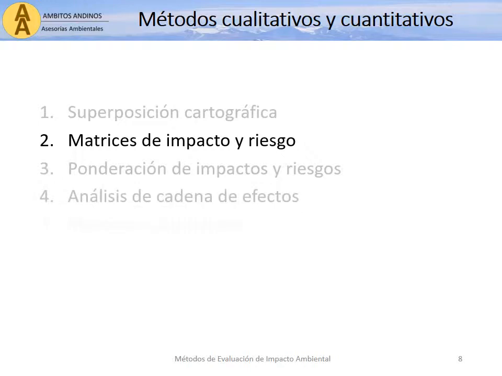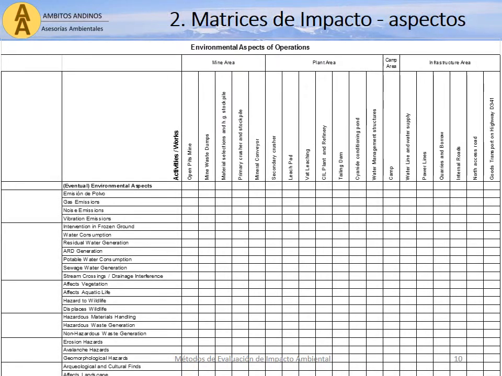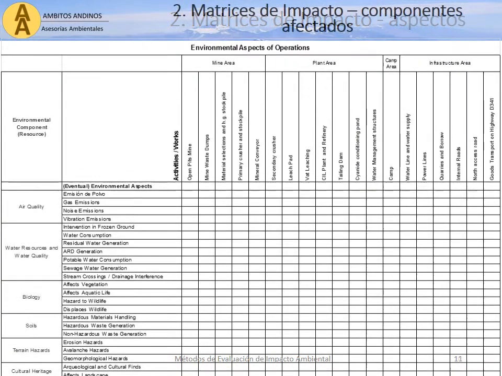Impact and risk matrices. Impact matrices start with a list of the project activities and installations on one axis. Environmental aspects are placed on the other axis. These aspects are grouped by the environmental components that are principally affected by them.